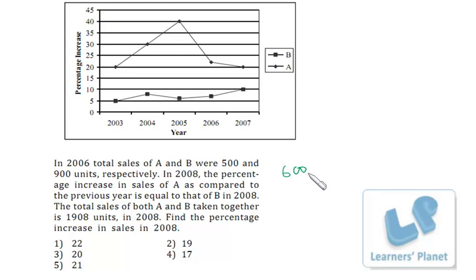Now the percentage increase is the same. In 2008, the total sales will be 600 plus increase, then 990 plus increase. So 600 plus 990 is already there. Then the increase on 600: 600 into X percent increase by 100, plus 990 into X percent increase by 100, and this is equal to 1908.